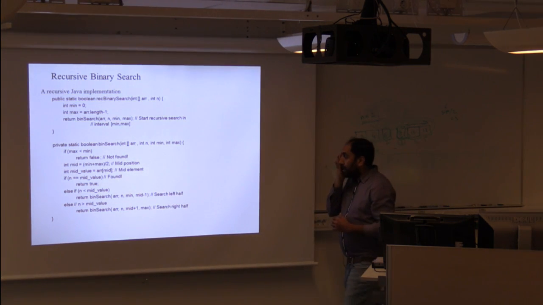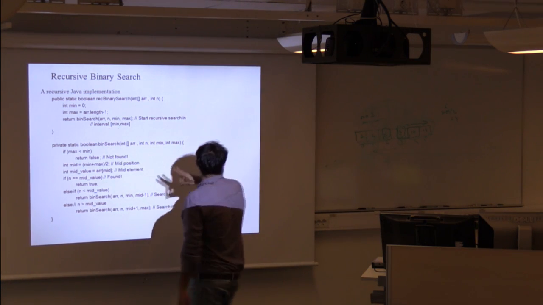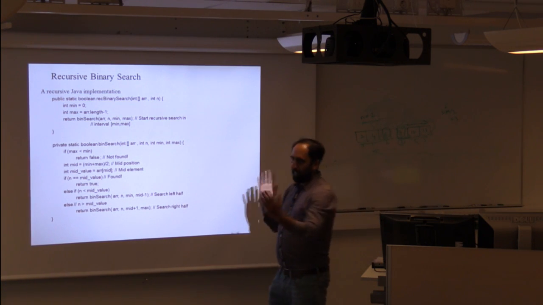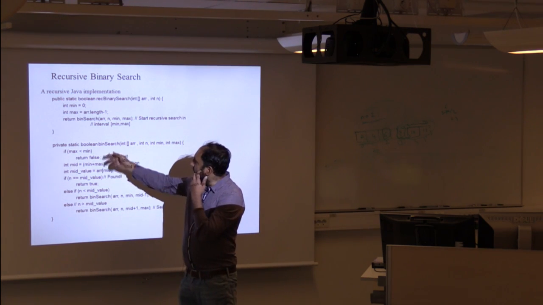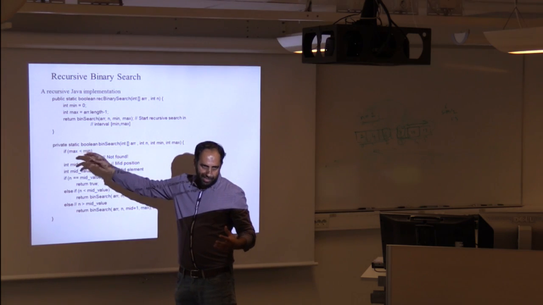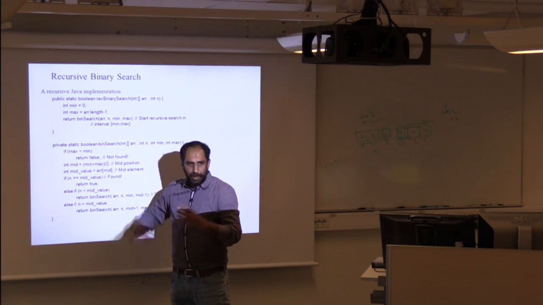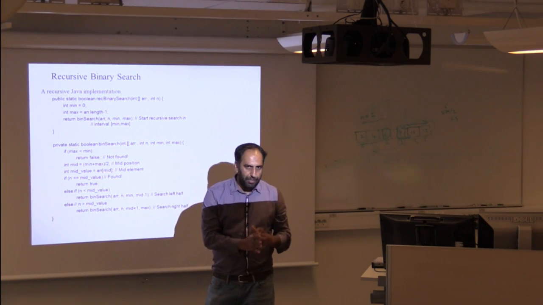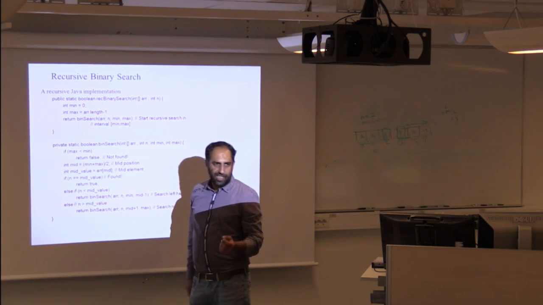Basically this min and max are pointing to your intervals. So should I look into the left half or the right half? This condition says that if the minimum becomes greater than the maximum value, it means that you have checked all the elements but have not found the value, so it should return false in this case.